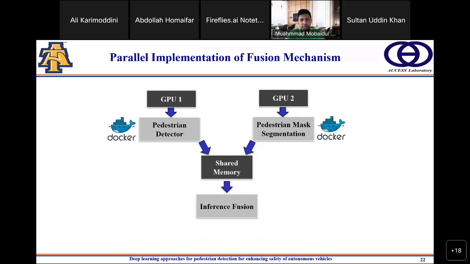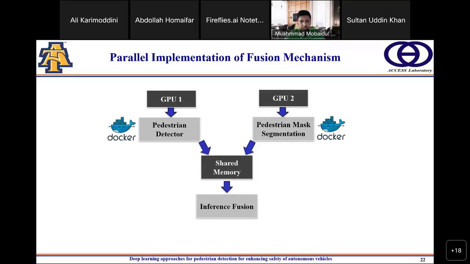Since we use a pedestrian detector and a semantic segmentation network to predict pedestrians jointly, a parallel implementation of inference fusion speeds up the runtime of the overall pedestrian detection system. For this purpose, our inference fusion method is implemented using a multiprocessing approach for detecting pedestrians concurrently.